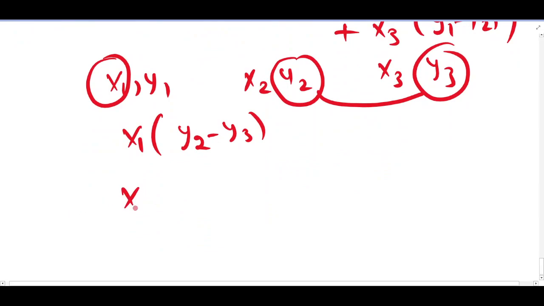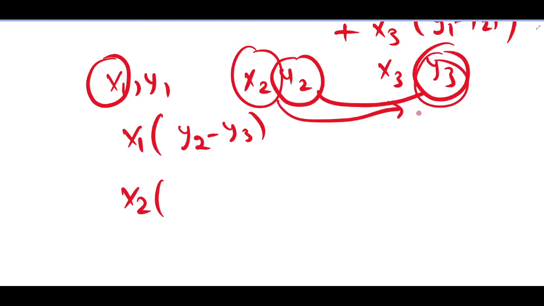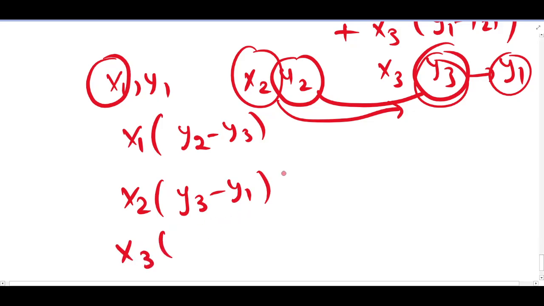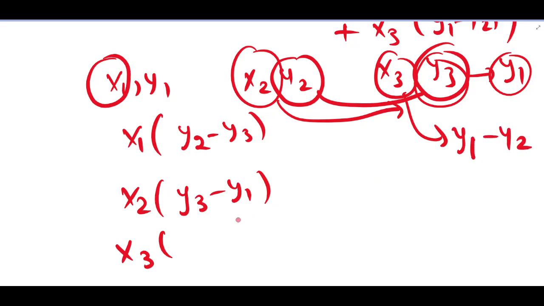Again we take x2 and we take the next point y3 and then y1, so y3 minus y1. And next x3, we take the next points y1 and y2, so y1 minus y2, and we add all these terms.